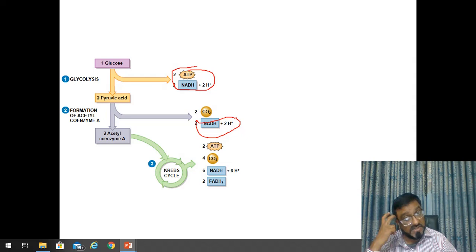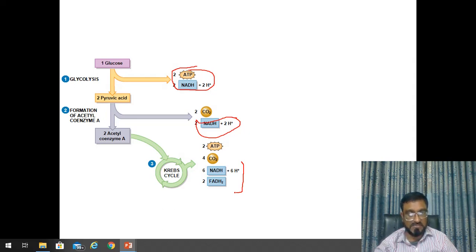This NADH further goes to the electron transport chain to produce ATPs by oxidative phosphorylation. And the Krebs cycle happens in the mitochondria. Again, ATPs, NADH and FADH are generated, and this NADH and FADH again go to the electron transport chain for the production of ATPs.